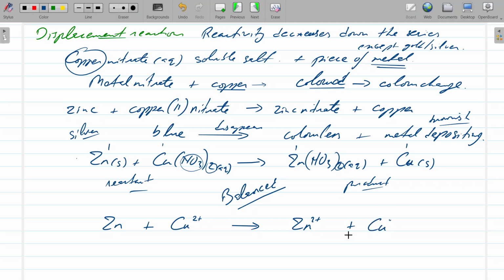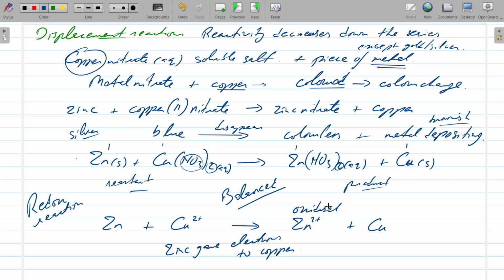So that's the reaction. Basically what's happening is the exchange. Zinc gave electrons to copper, and so this is a redox reaction. Zinc is being oxidized and copper has been reduced.